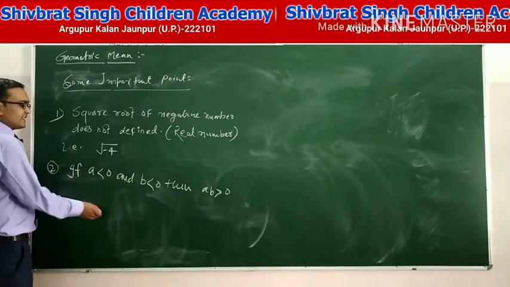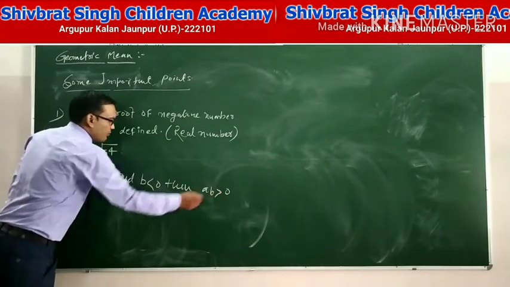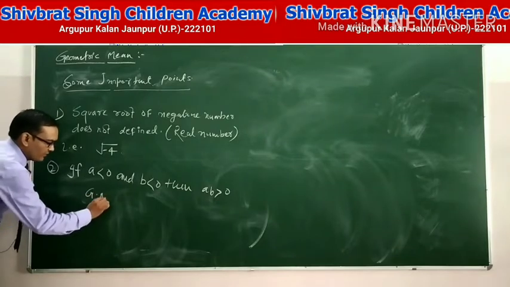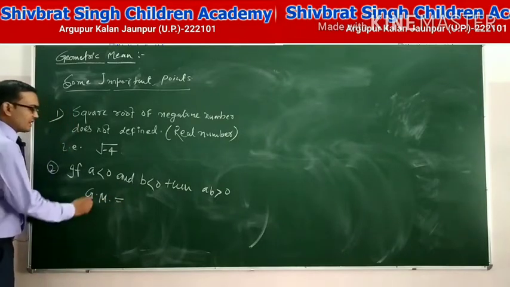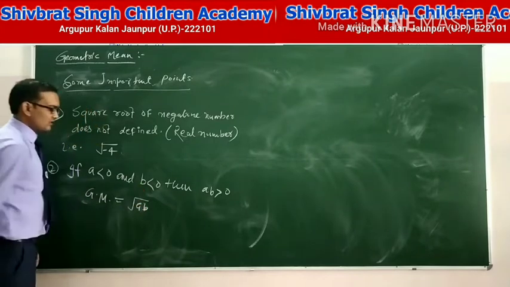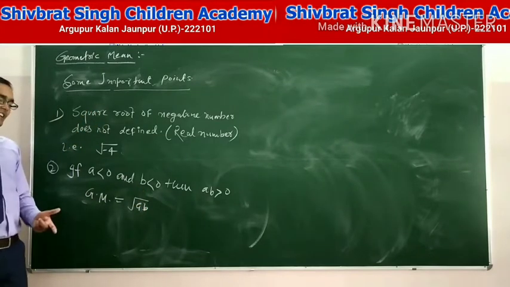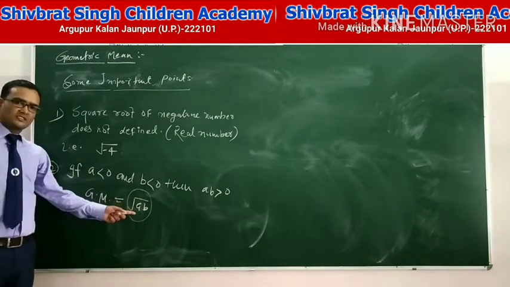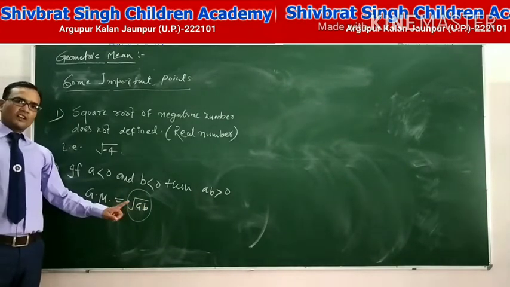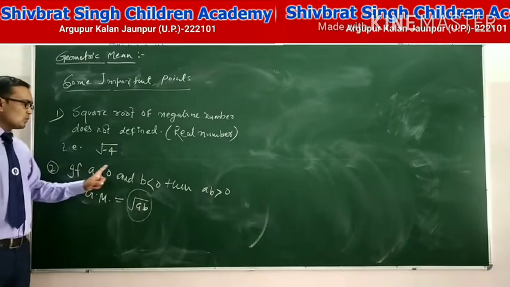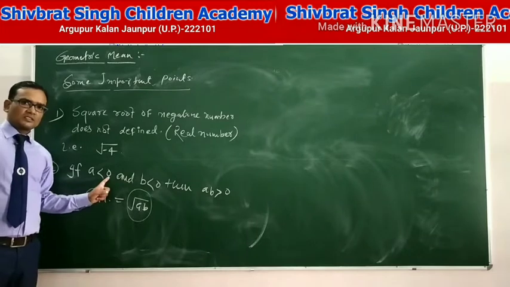If A is negative and B is negative, then AB is positive, then the geometric mean of A and B is square root AB. You can easily say that, sir, this is positive, so find the value of this. But it does not lie between the two negative numbers.